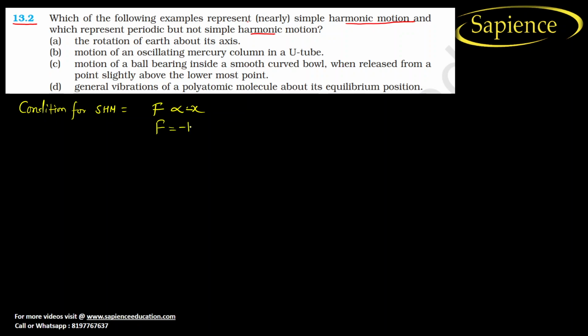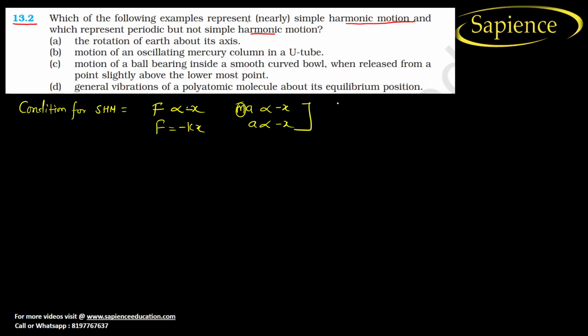So F is equal to minus kx. We can also put mass into acceleration is proportional to minus x. Here acceleration is also proportional to x because mass will remain constant. So these are the conditions for S.H.M.